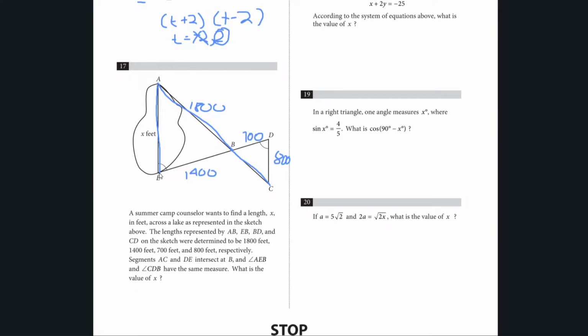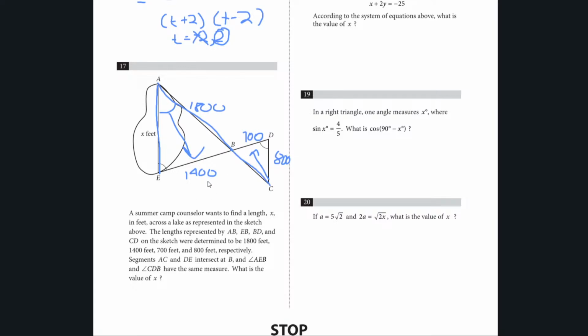So we have this angle from A, actually. This is one we need to be looking at. This angle from A points to 1400. And then this angle from C points to 700. So it seems like it's 2 times as big.